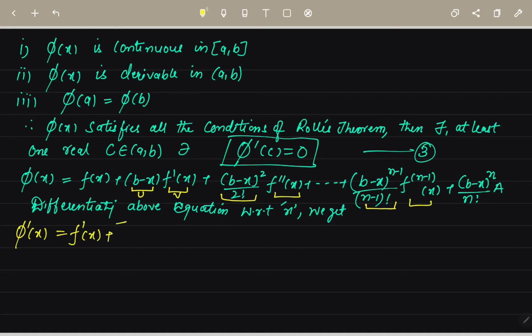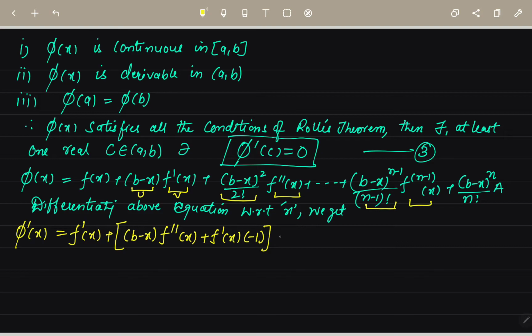Next term, I will use the u into v formula: first into differentiation of second, and the differentiation of f dash x is f double dash x, plus second into differentiation of first. The differentiation of b minus x is minus 1.